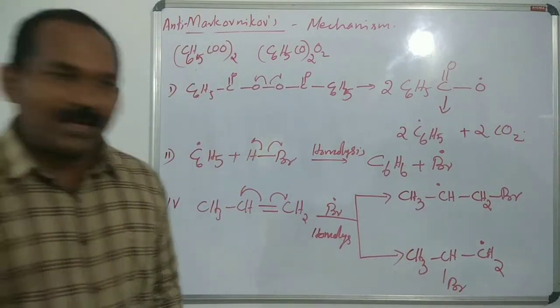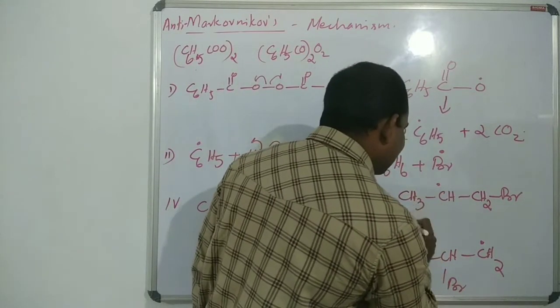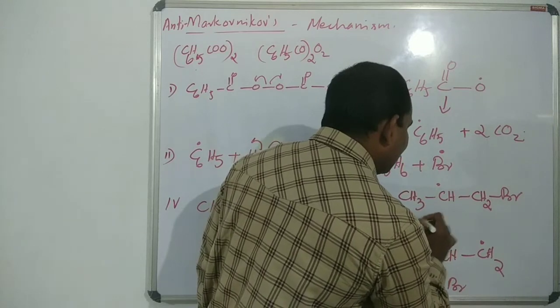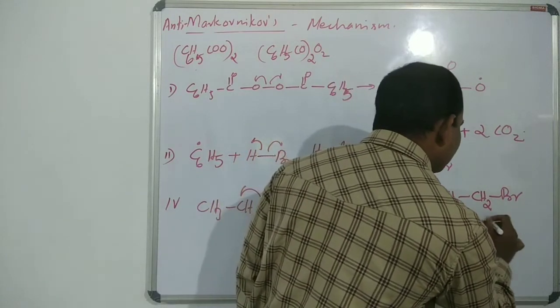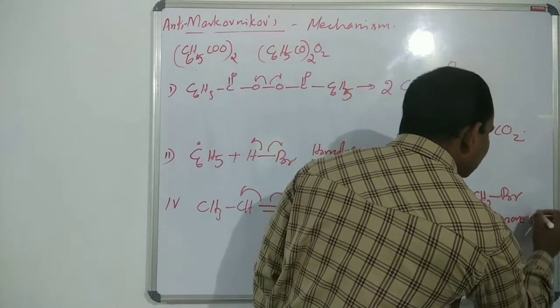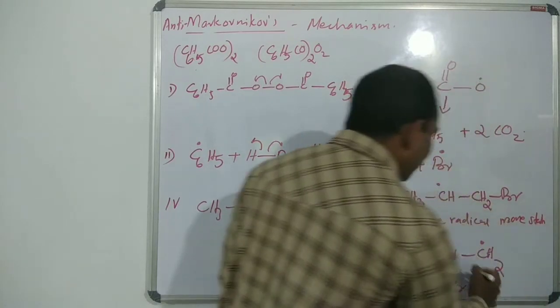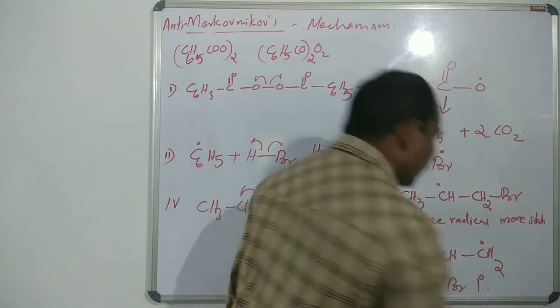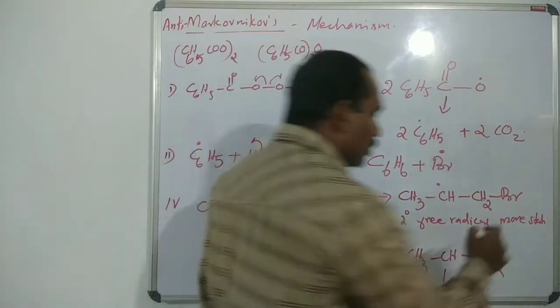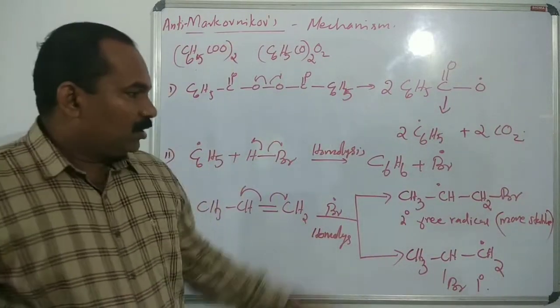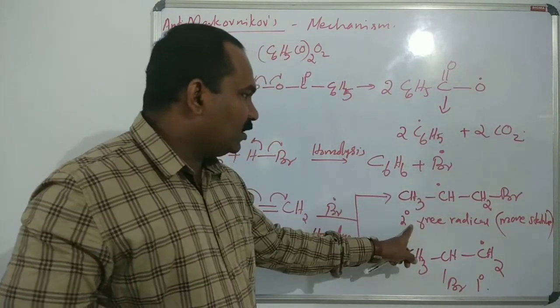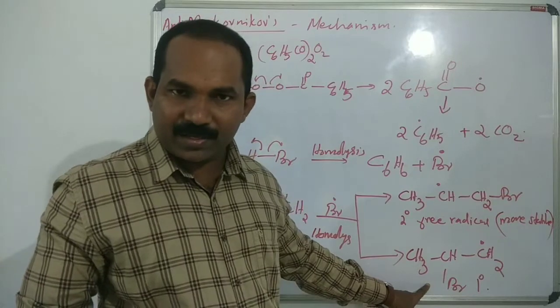Which is more stable? You know that this is a secondary free radical, which is more stable, and this is a primary free radical, less stable. Secondary free radical, primary free radical.